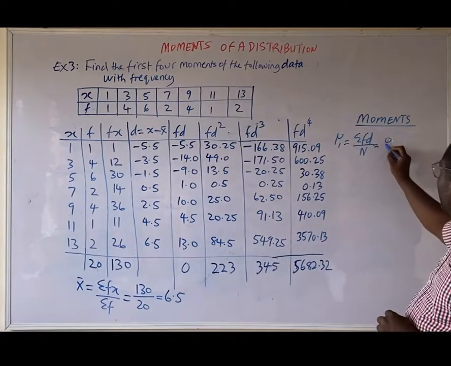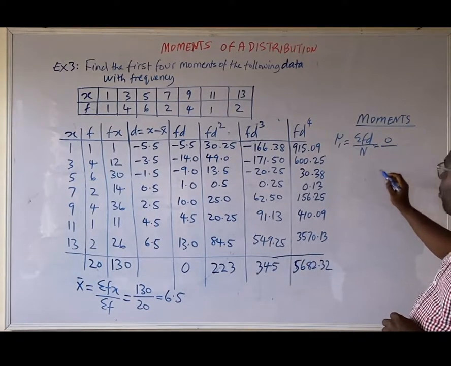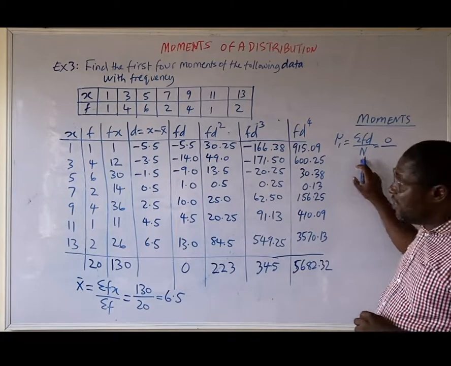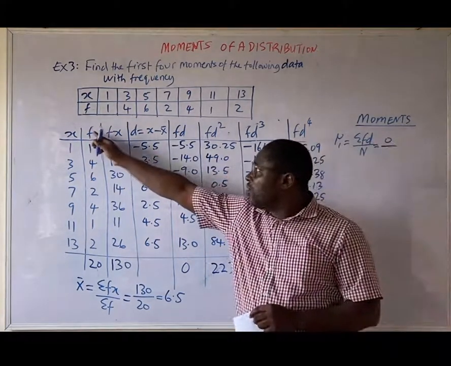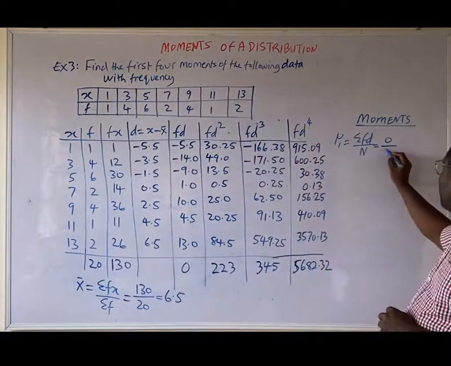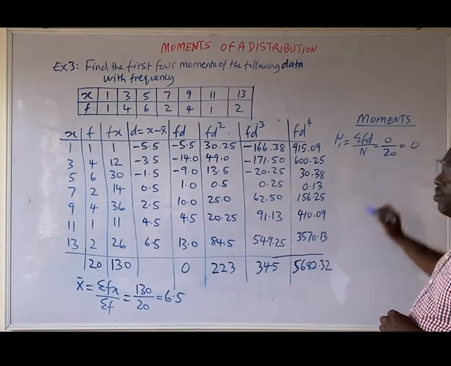So we have 0 divided by N. What is N? N is the summation of your frequency, which is 20. So that's 0 over 20, equals 0.